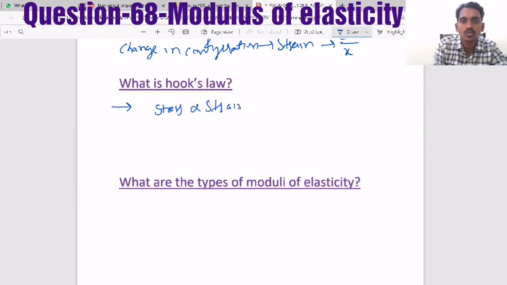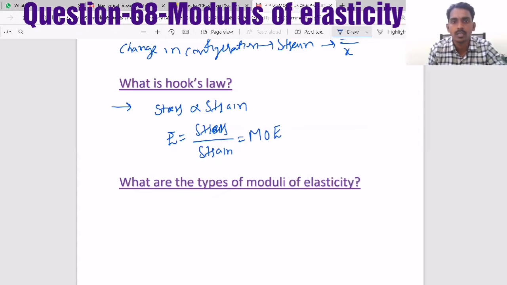When you apply stress and strain develops, up to a limit stress is proportional to strain, and that proportionality constant is called E, that is stress by strain, called modulus of elasticity. Modulus of elasticity is nothing but the ratio of stress to strain up to a certain limit, where it remains constant, and this proportionality limit we call Hooke's law.